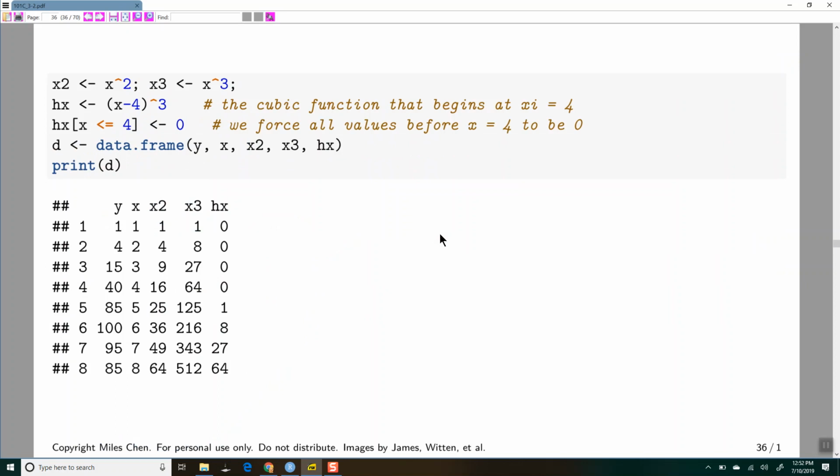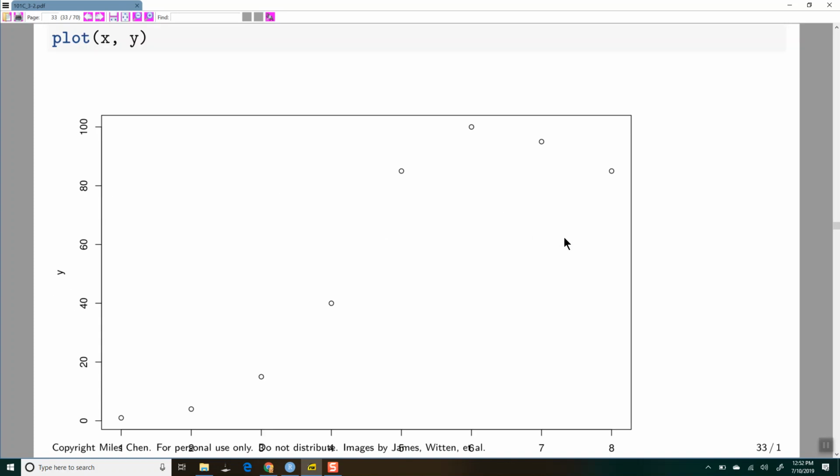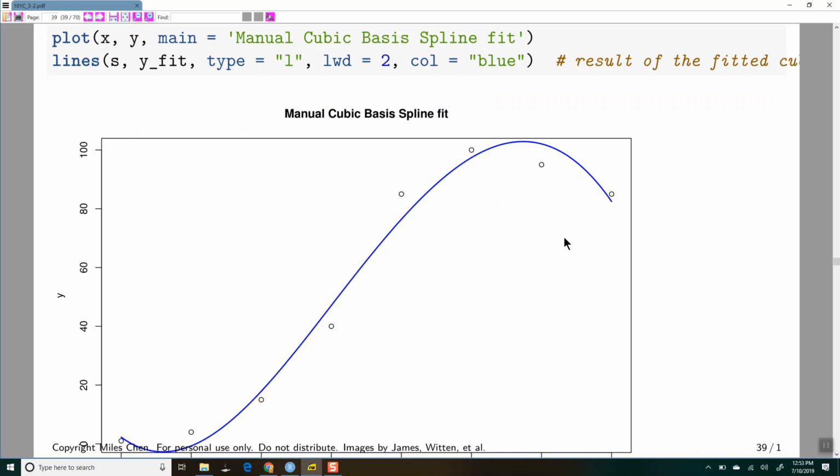But just by doing this simple thing, which I think is a clever idea, it's a piecewise thing, but by making sure that it's 0 everything to the left and this to the right of the knot, you're always going to ensure that the resulting function, even though it's piecewise, where from 0 to 4 it takes on this form, and then from 4 and higher you're adding something piecewise to it, the function remains continuous and smooth.